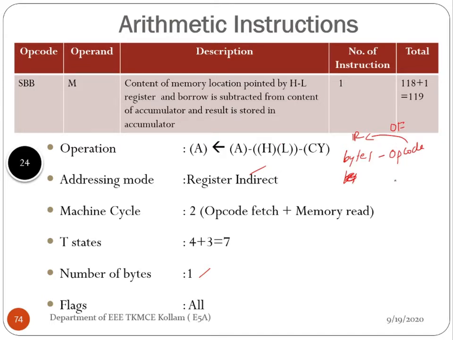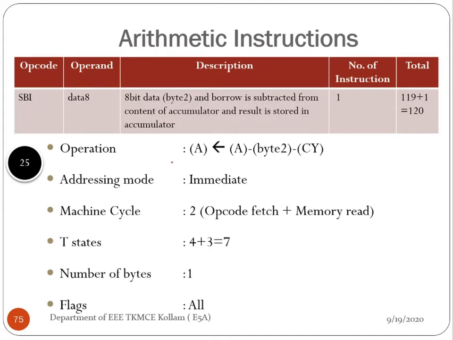So that operation is memory read. So in order to complete the execution of this instruction, it requires opcode fetch and memory read, that is 2 machine cycles. It requires 7 T states and all flags are affected.